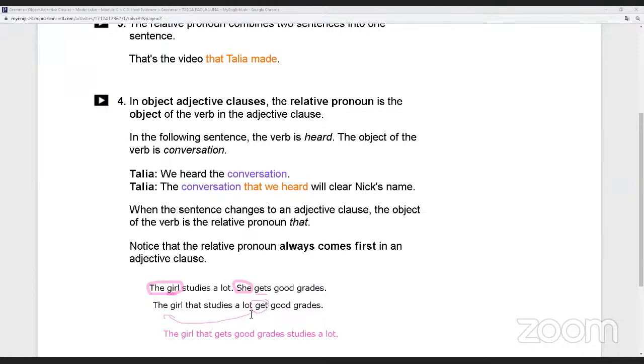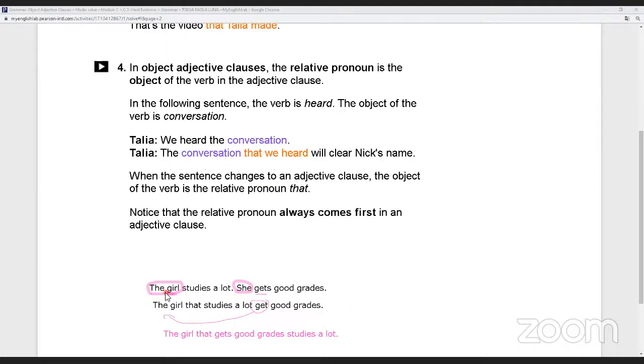So that's all. The only mistake was the verb, right? You have to write it in third person. So you have to choose the object from the noun. Then you're gonna choose the information. Okay, I know that she studies a lot, and as a result, she gets good grades, right?